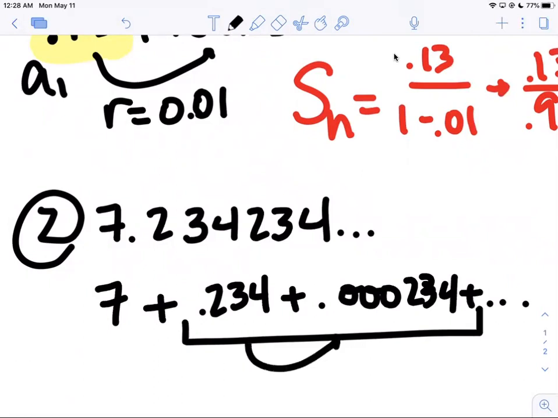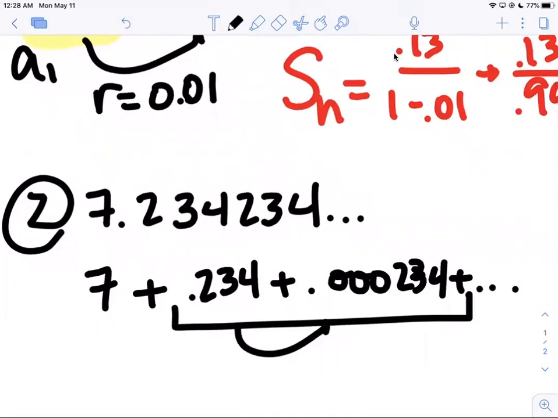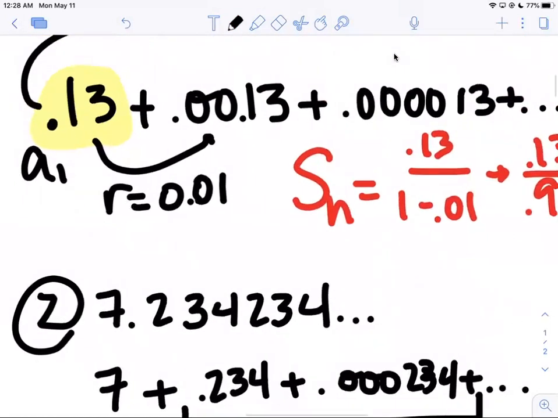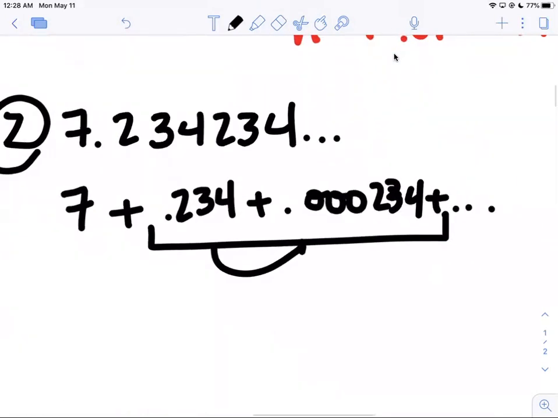Again, I'm going to be multiplying by a decimal in order to move it. Since the one above only had 2 pieces that were repeating, I moved the decimal 2 places. This time I need to move it 3 places, so I've got 0.001.